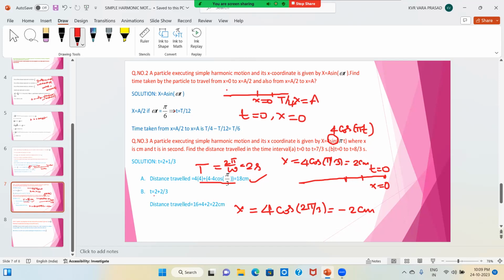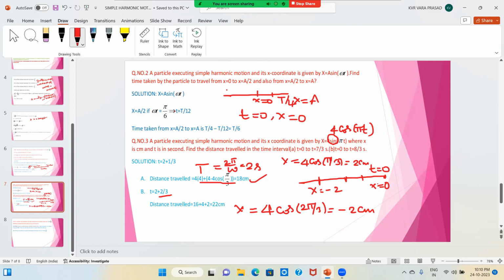After 2 seconds, it comes to the right extreme position. Now in the extra 2/3 second, the x value will be minus 2. And you see, where is minus 2? Minus 2 is here. Get the point. x equal to minus 2 is here.